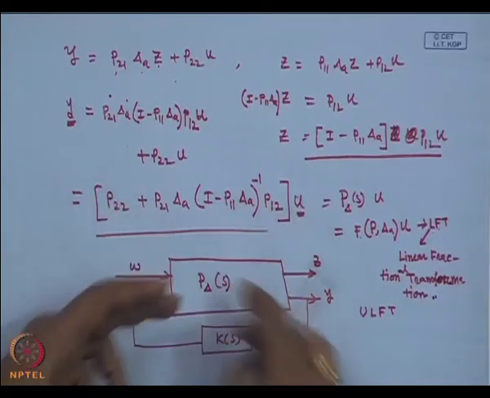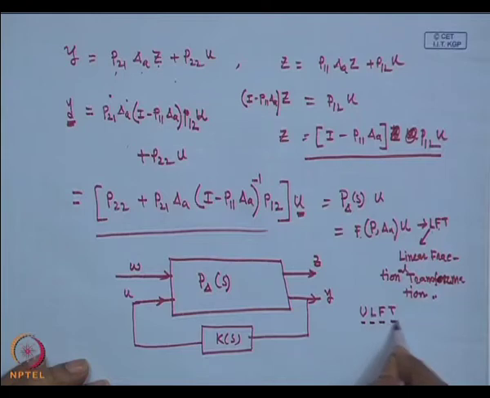Since the upper block is merged, it is called the upper linear fractional transformation.